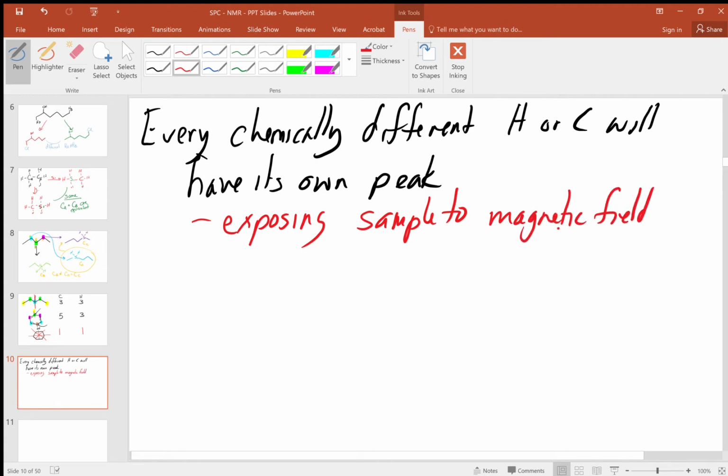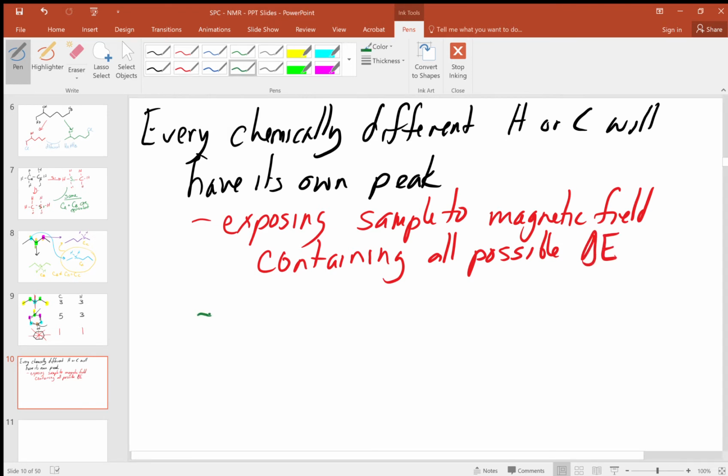And that magnetic field contains all of the possible delta E's that we could need to interact with our sample. After we do that, we turn off the field and record the signal that the molecule gives off.